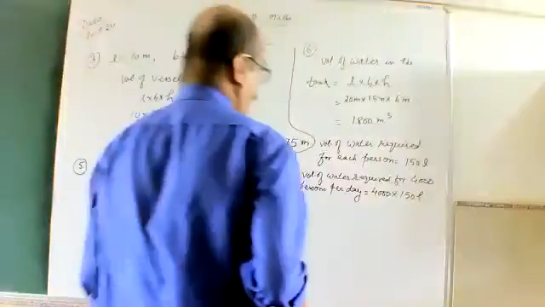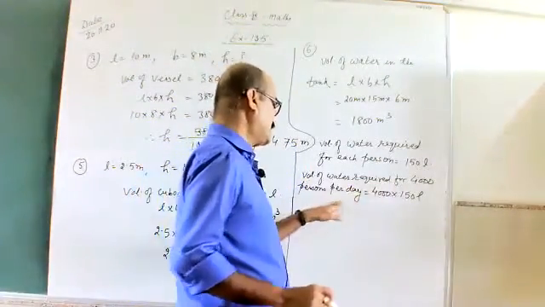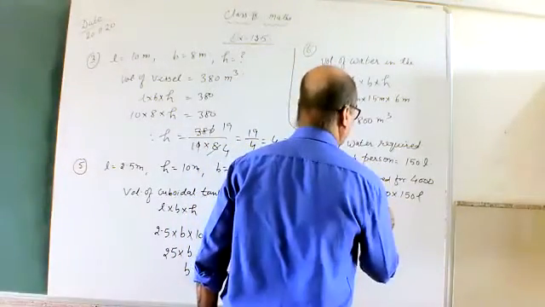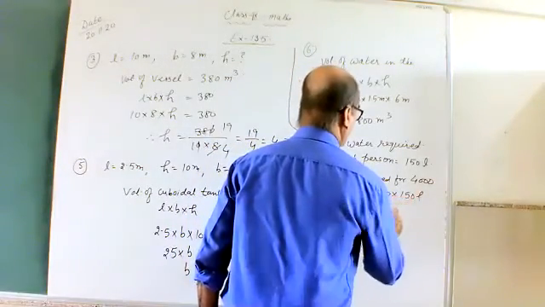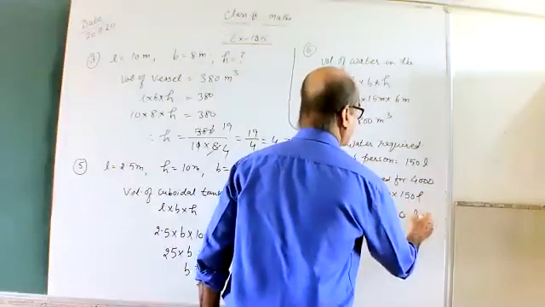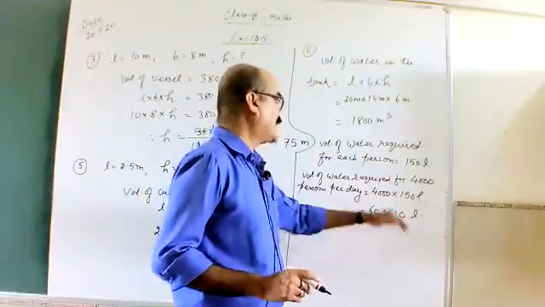Population of that village is how much? Population of village is 4,000. So what is the volume required for 4,000 persons per day? That will be equal to 5 6s are 30, 1 2 3 4 liter. This quantity of water is required per day.